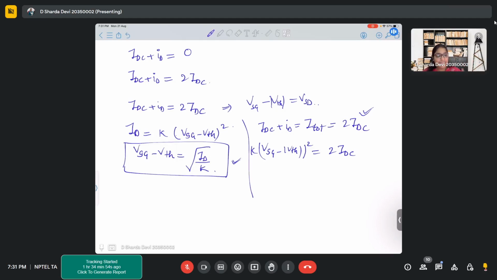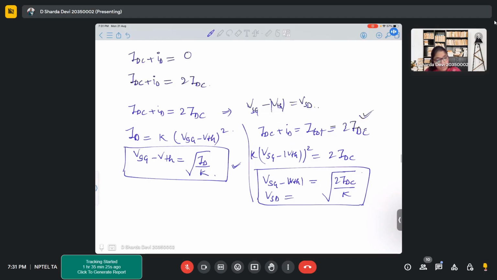So VSG minus mod VTH is equal to root under 2 IDC by K. This is the value of VSG minus VTH, and this is also the value for VSD.